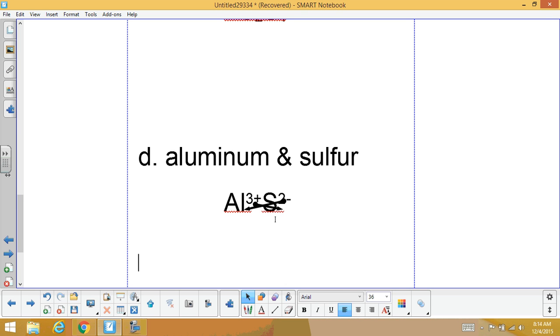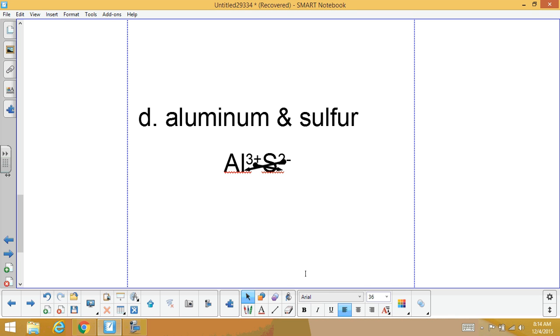We rewrite the symbols. So it becomes Al2S3. The numbers get subscript. So it becomes Al2S3 with a 2 and 3 subscript.